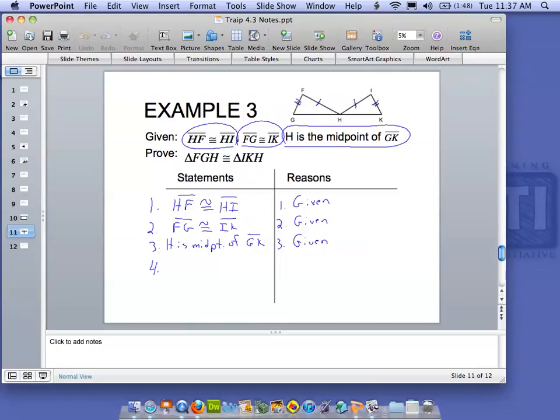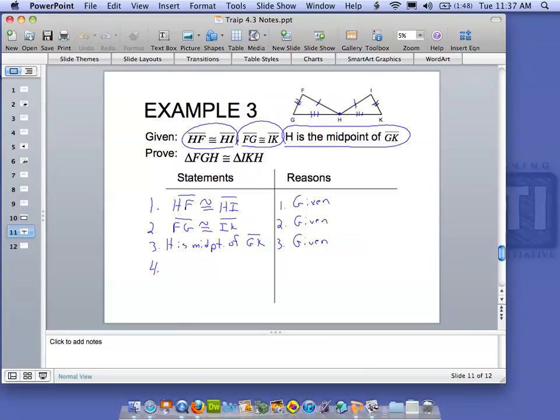Now, what does it mean to be a midpoint? If H is the midpoint of the segment GK, then doesn't that mean that from G to H is congruent to the segment from H to K? That's what a midpoint does. It divides a segment into two equal segments.